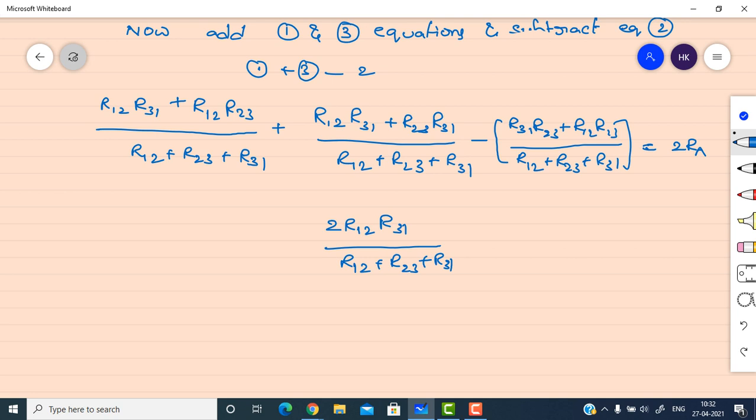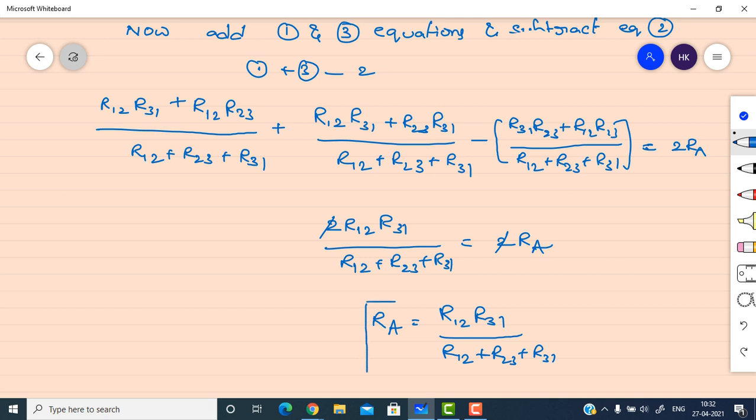The LCM is the same for all of these. And the right hand side is 2RA. So the 2 cancels on both sides. Then the equation for RA is R12 into R31 by R12 plus R23 plus R31.